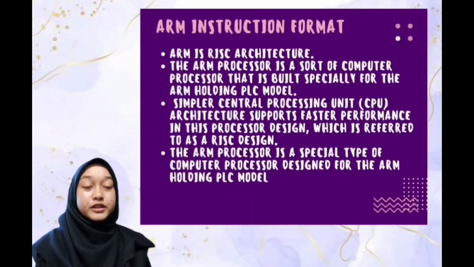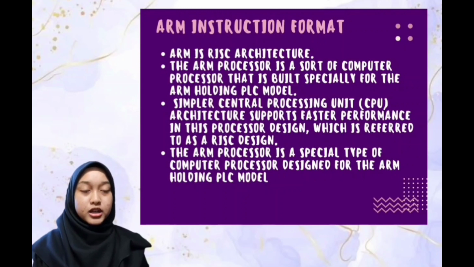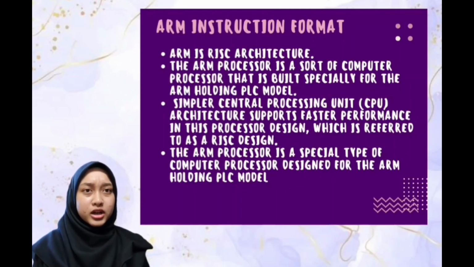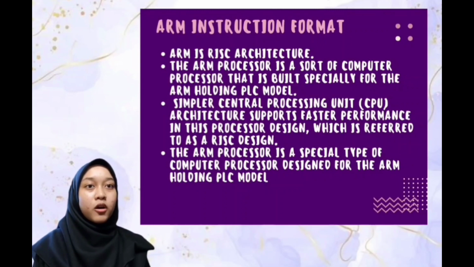Let me introduce the ARM instruction format. ARM is a Reduced Instruction Set Computing, RISC, architecture. The number of instructions and the number of micro-ops are closely correlated in ARM CPUs, which have reasonably atomic instructions. In contrast, CISC provides a much greater number of instructions, many of which carry out several operations such as math and data movement.